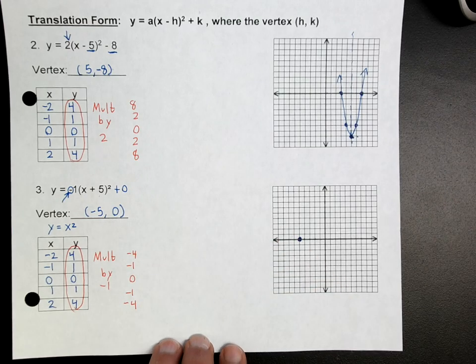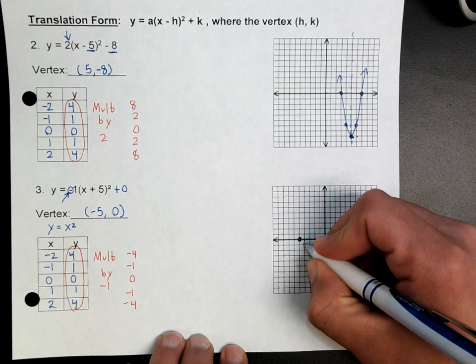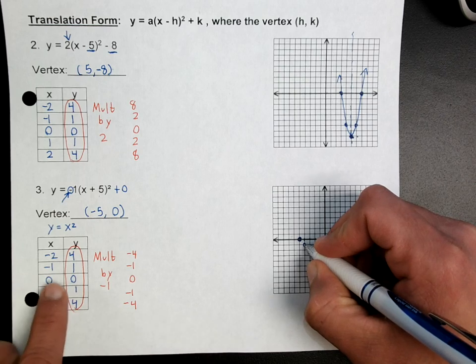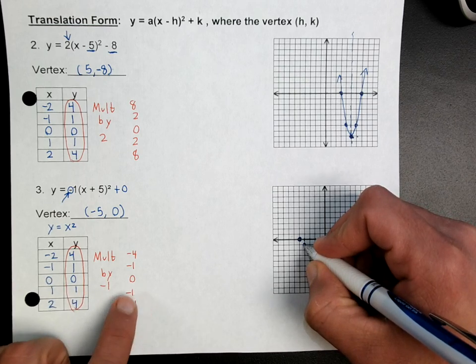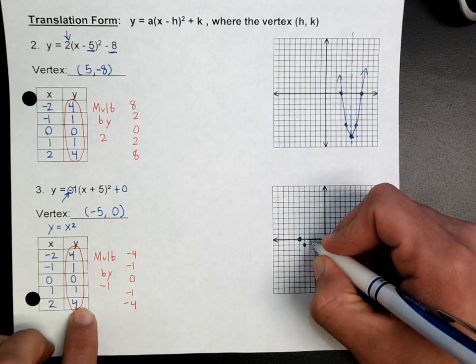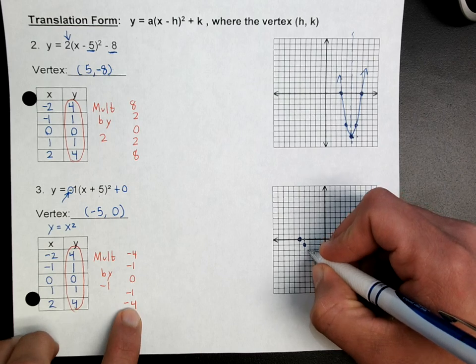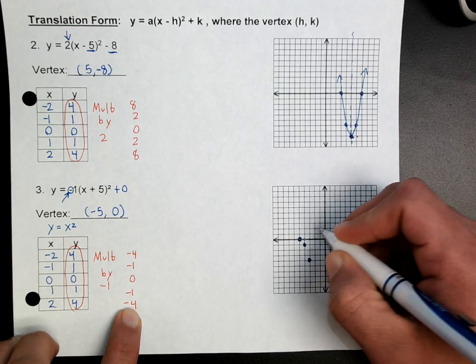Alright, so again, those points will be to the right 1, but instead of going up 1, I'm going to go down 1. Again, that's the first point that I have right here. 1, 1, or 1, negative 1 now. Now the second point would be 2, 4, or to the right 2, and down 4, because it's being reflected. So that's that point right there.